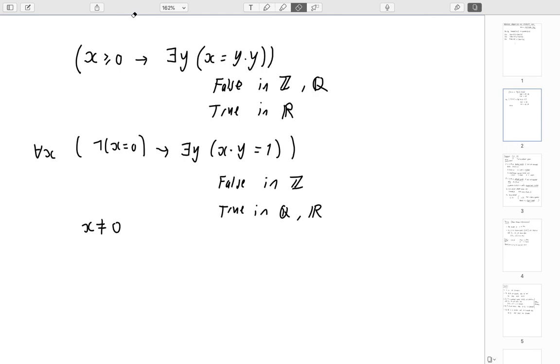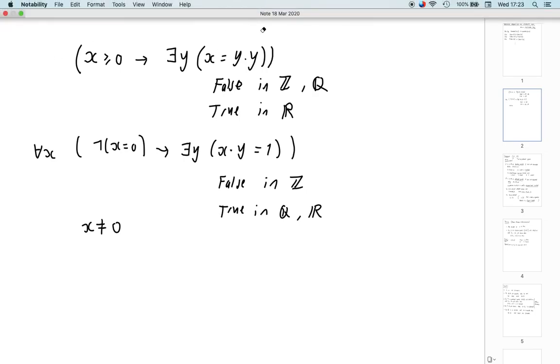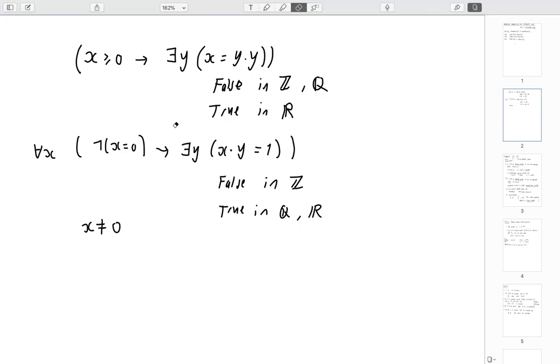But if we put the quantifier back in front, then the formula is either true or false, because we just need to check it for, well, there are infinitely many of them, but nonetheless we're saying that this would be true for all infinitely many different rational numbers x.